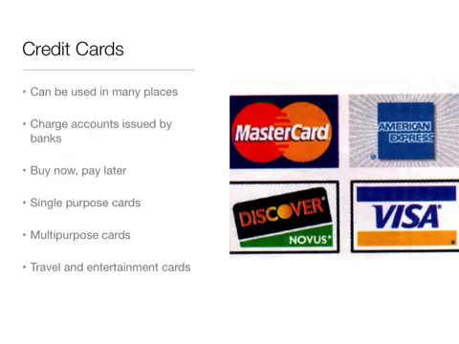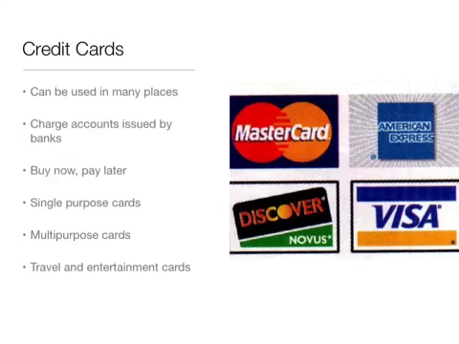So there are 3 types of credit cards. One is single purpose cards, where you can buy goods and services only at the business that issued the card. You pay part of the amount or the full amount that you paid for the item after 30 days, and interest is charged on the unpaid balance. The next is multi-purpose cards.